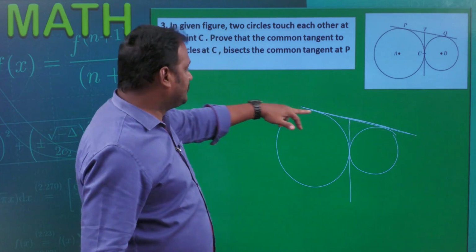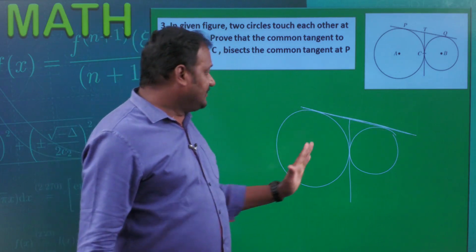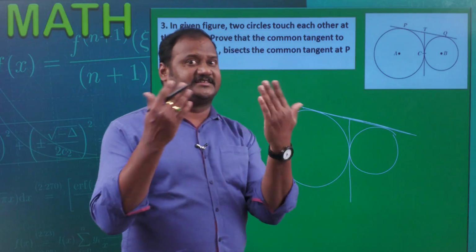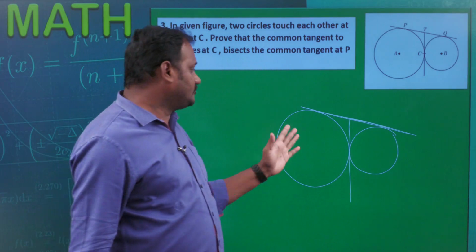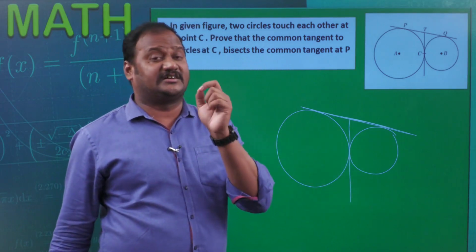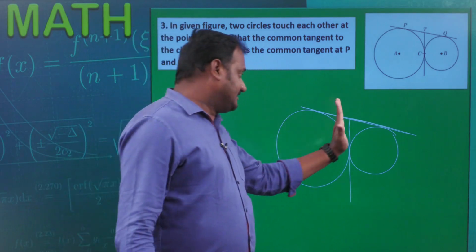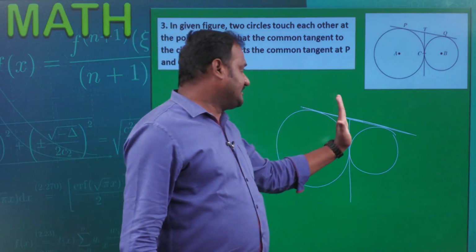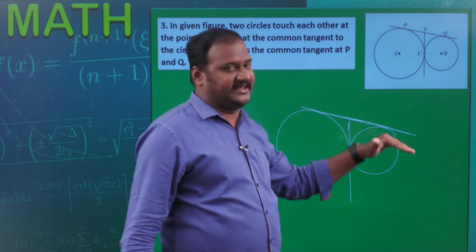So this tangent is said to be the direct common tangent. And if the tangent is common to both the two circles and both the two circles are lying on either side of the tangent, then those two circles are said to be transverse. For those two circles, this tangent is said to be the transverse common tangent. So this is the transverse common tangent and this is the direct common tangent.